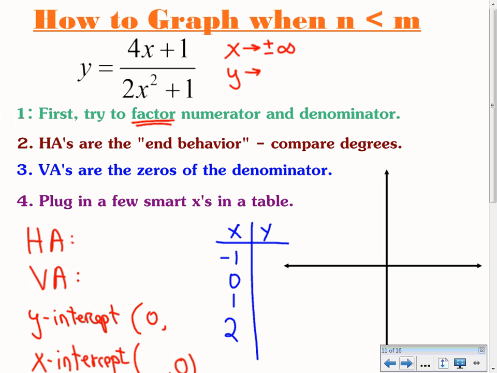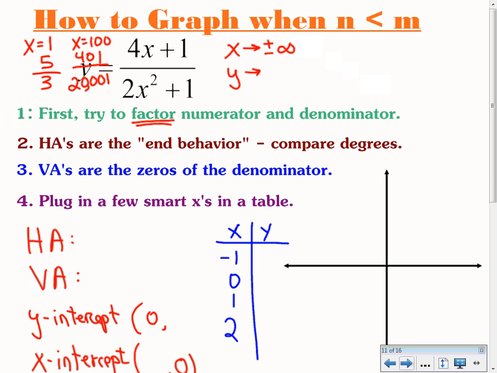If I plug in x equals 1, it's not very large, I will have 5 over 3. Not very big. If I plug in x equals 100, I will get 401 over 20,001.